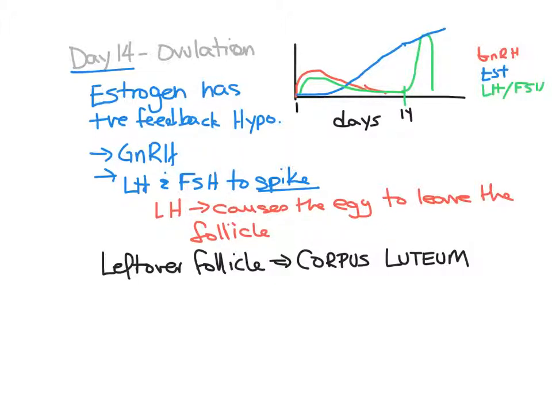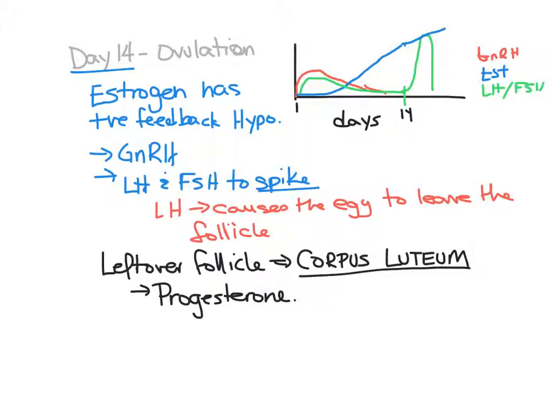And in the corpus luteum, it starts producing its own hormone known as progesterone. So now once the egg has left, the follicle is no longer really called a follicle, it is now the corpus luteum. And the corpus luteum starts to secrete and produce progesterone.